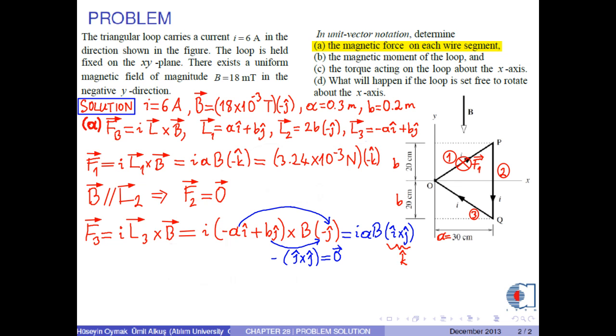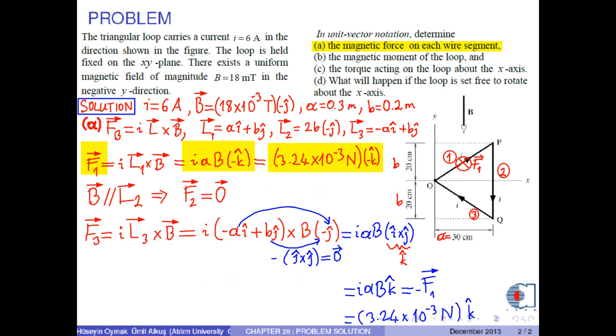As you remember, i hat cross j hat is k hat. So F3 is I times A times B k hat. If you notice, it is the negative of F1. Therefore, F3 is 3.24 times 10 to the negative 3 newtons in the direction k hat. It is shown in the figure as towards you. This is an expected result because, as you were told in the class, the net magnetic force on a current-carrying loop is 0.